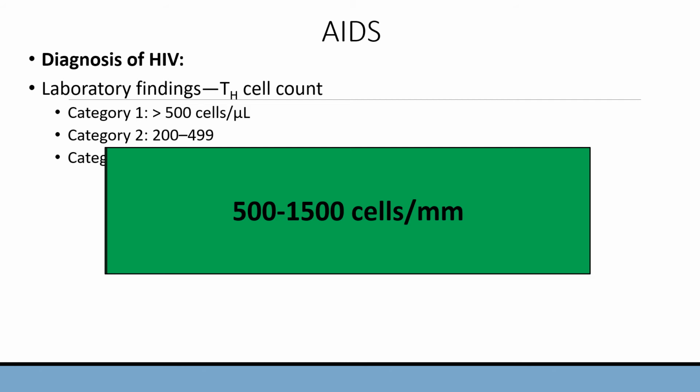So this helper T cells, remember that the helper T cells are involved in activation of B cells, cytotoxic T cells, and releasing cytokines to attract neutrophils and basophils and everything else. So if you drop this level down too much, down below really 200, you develop this immunodeficiency state.